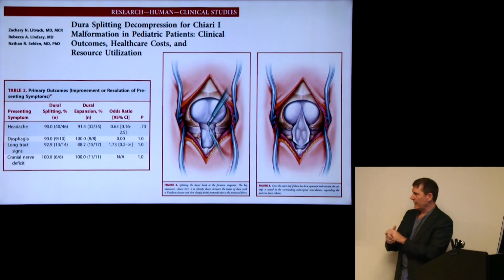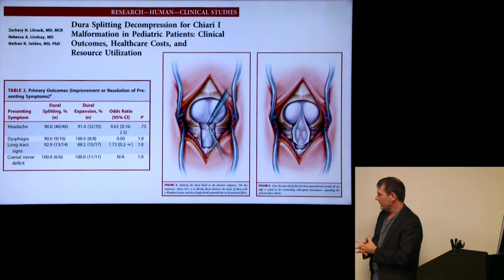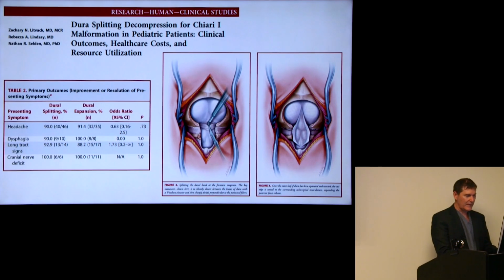And what they advocated for is once the outer layer is stripped, you're left with a very thin, almost even see-through membrane there where you can appreciate the cerebellar tonsils pulsating. And they felt that this performed well in terms of the response of patients to surgery.